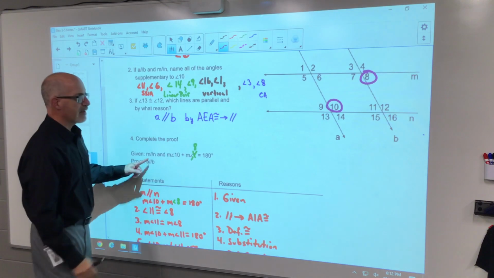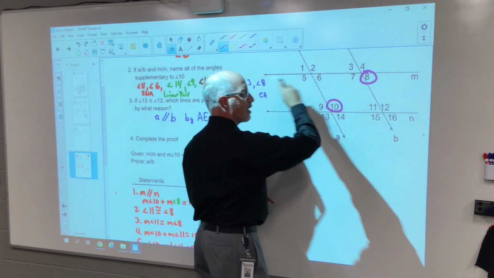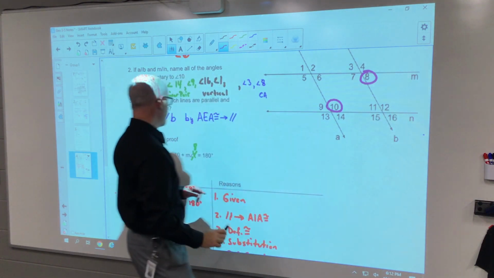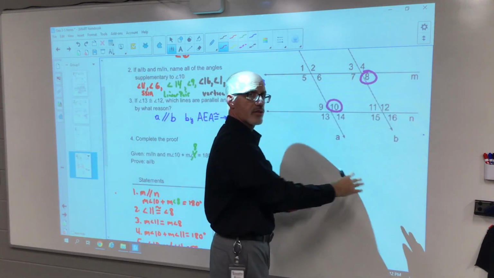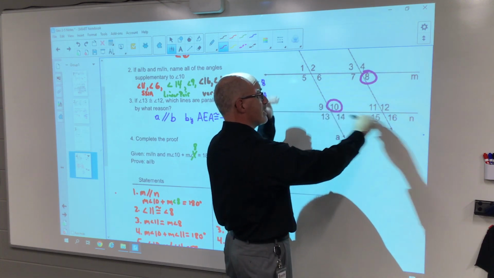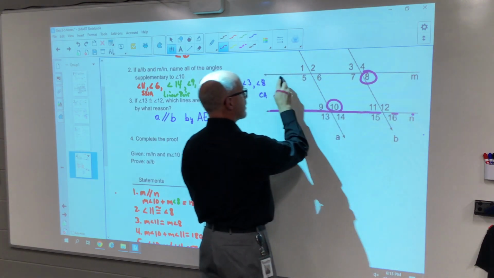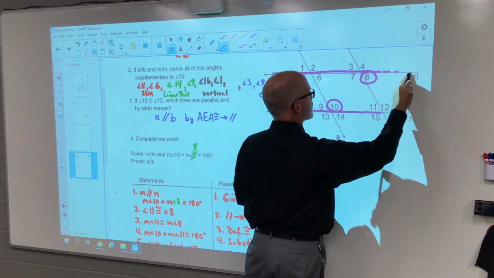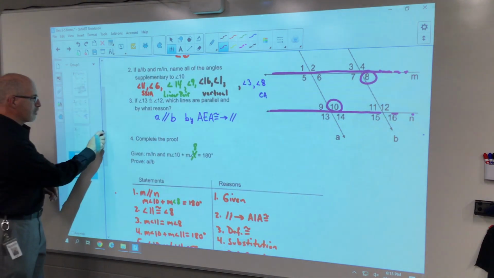We have that M and N, the horizontal ones, are parallel. We'll use that. Now we want to prove that these two are parallel, so don't use these as parallel lines yet. We'll just use these two. I'll highlight that this one is parallel to this one. That's what's given to us. So there's our given, that those add up to 180.